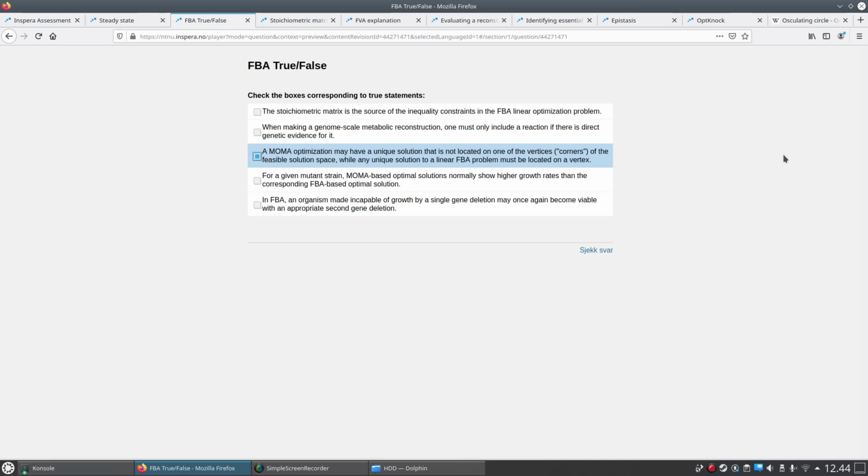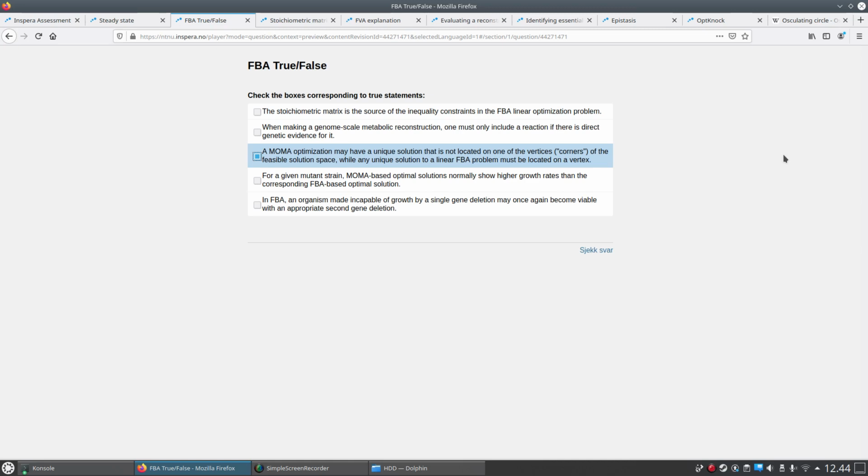And since in FBA we're optimizing for growth, whatever solution we find in FBA will necessarily be the highest growth. While the optimal solution for MoMA is the one that is going to be the closest to the original, or to the unperturbed optimal solution, which may be optimal in terms of growth, but may also not be.